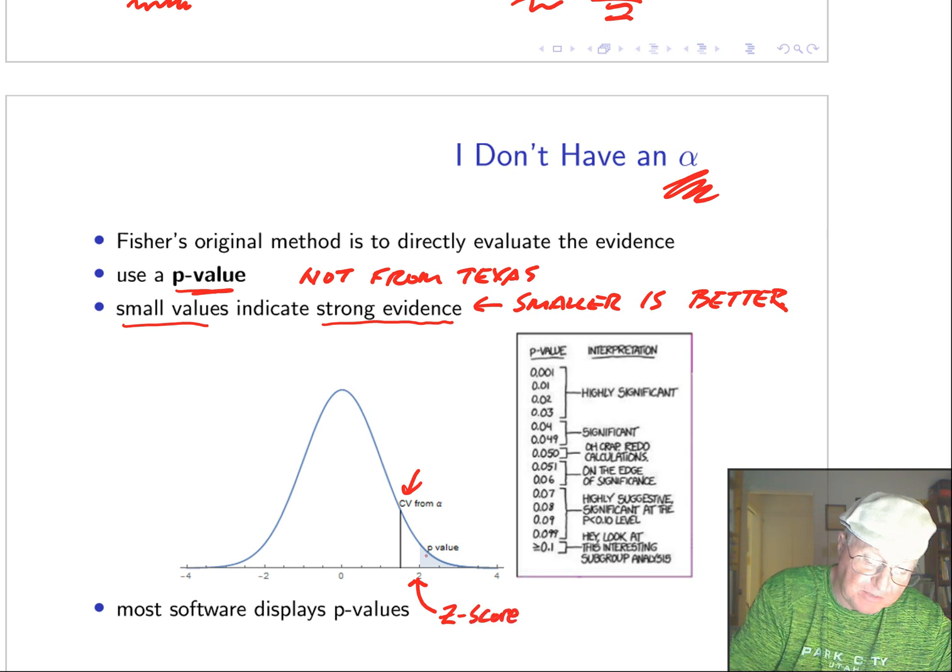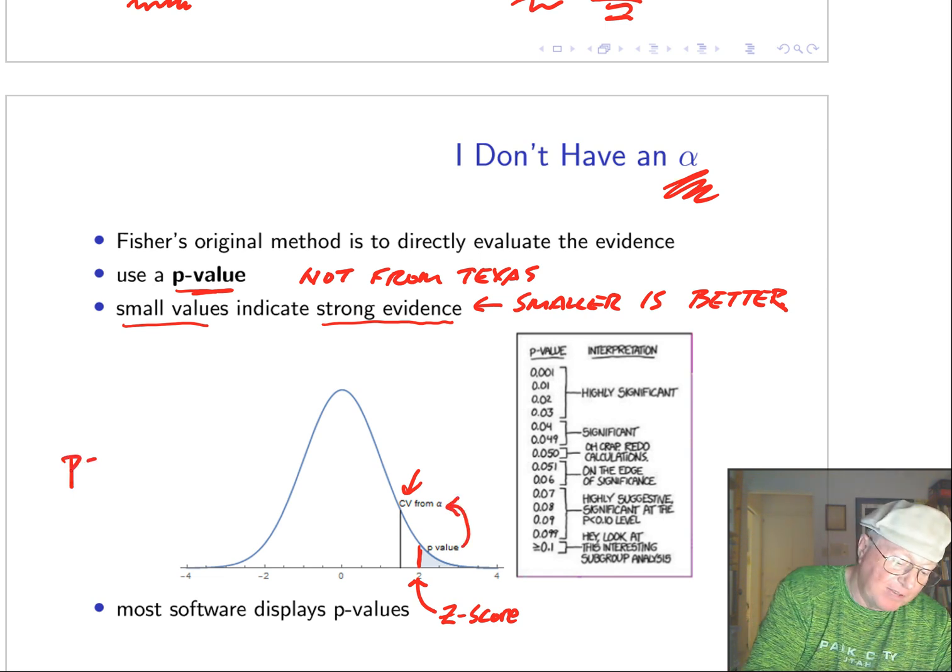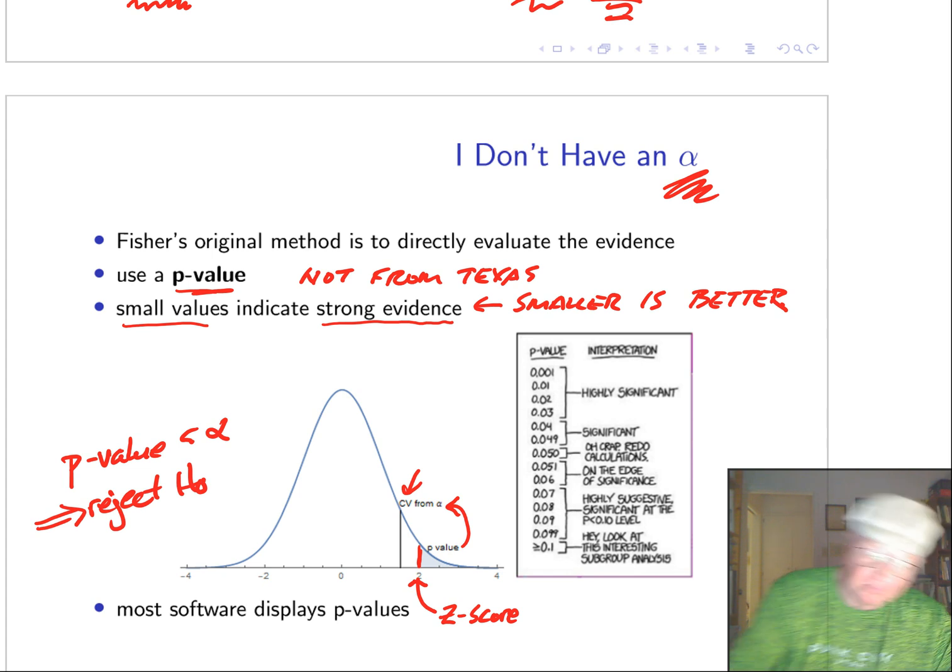So it's this little tail here that's defined by the data, and if that tail is smaller in probability than alpha, then you reject the null. So p-value less than alpha, reject the null. That's all there is to p-value, but be careful with it.